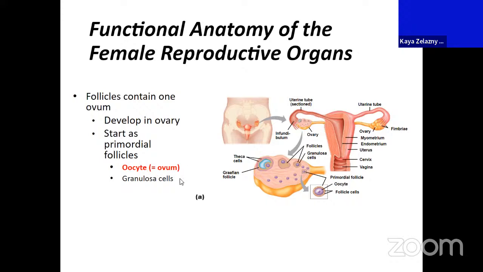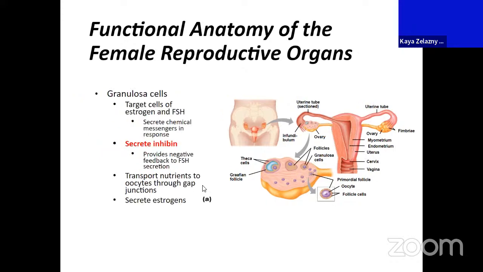We're also going to have some granulosa cells here. Those are one of our adjacent cells in this primordial follicle. These are the cells that are going to be the target for estrogen and for follicle stimulating hormone, FSH. The granulosa cells are analogous to the Sertoli cells that we saw in males, right?